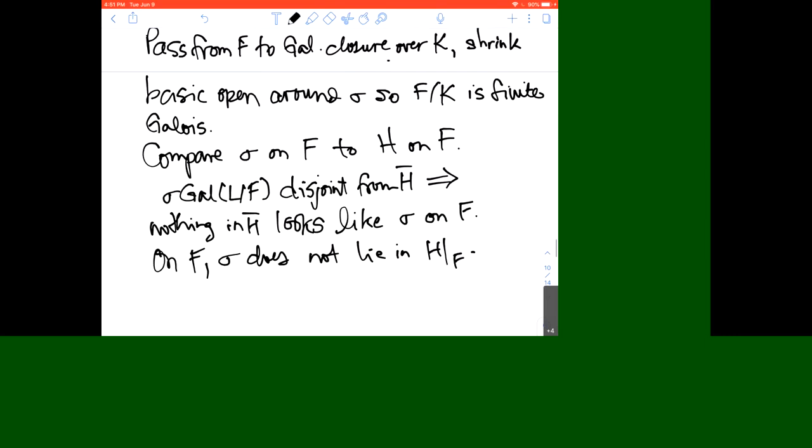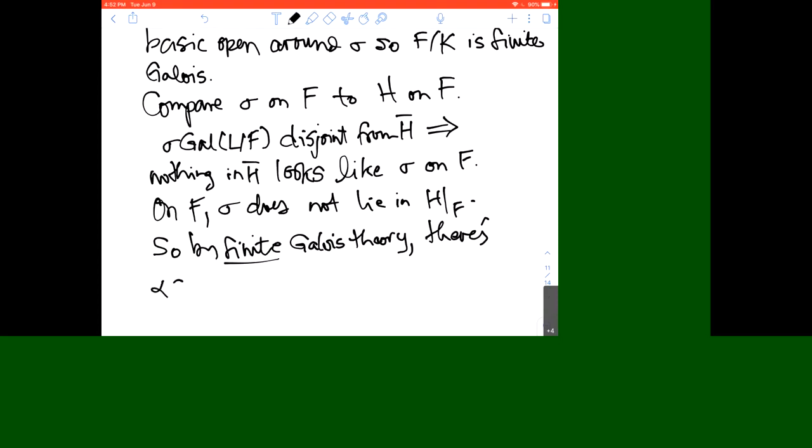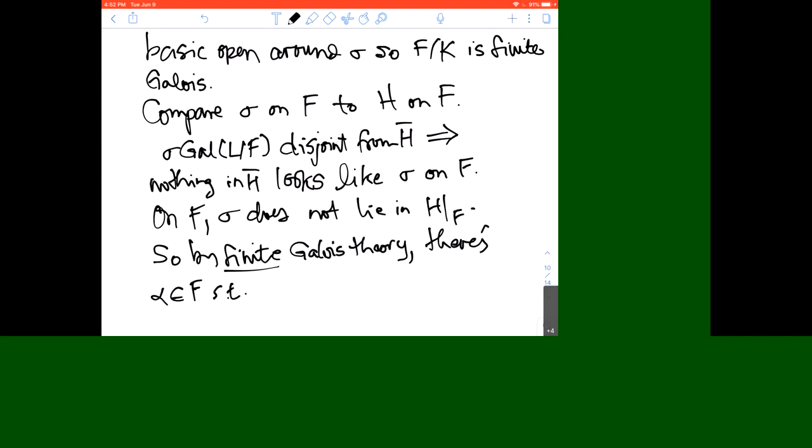So by finite Galois theory, and I'll finish up with this thought, there has to be something in F, there has to be an alpha such that sigma moves it and H fixes it. Right, sigma cannot be in the subgroup defined by H.